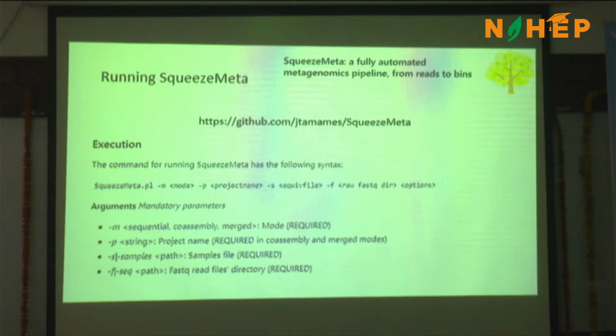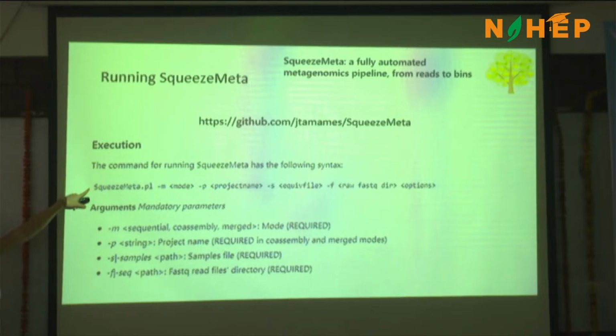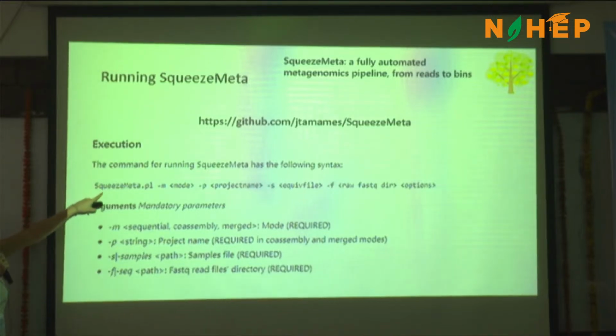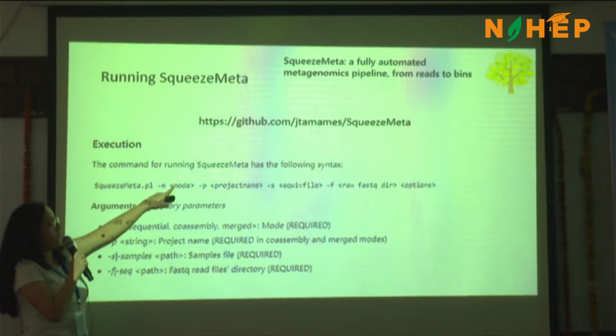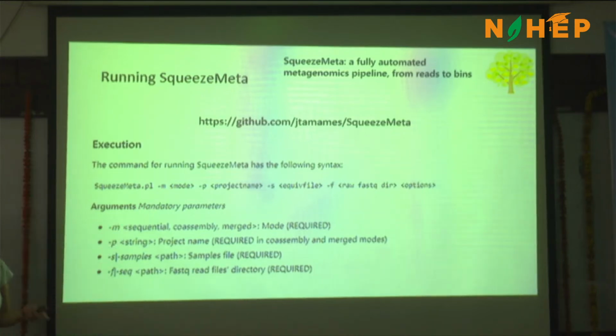So this is the GitHub page that you can check for yourselves if you want. And they have this execution. This is an extract from their own GitHub. So this is the command for running Squeeze Meta. It's very simple and it's very short. So you have Squeeze Meta, then you can choose the mode of assembly. You have to consider this when maybe your server is not that big and doesn't have that much RAM.